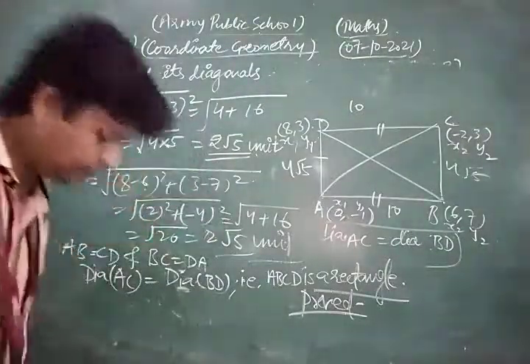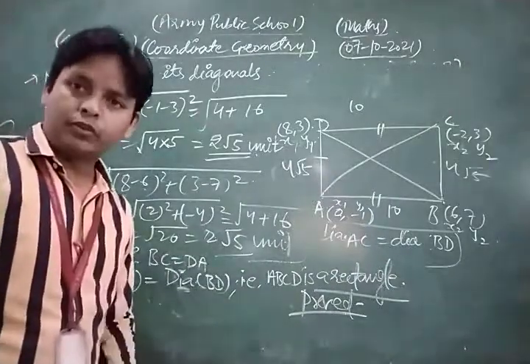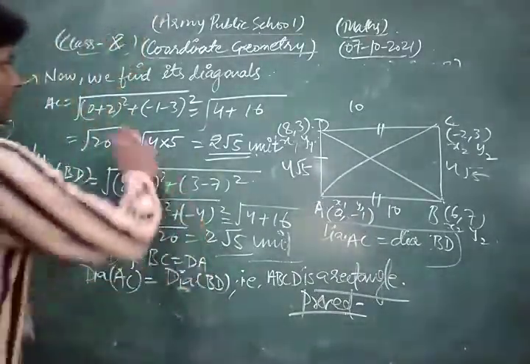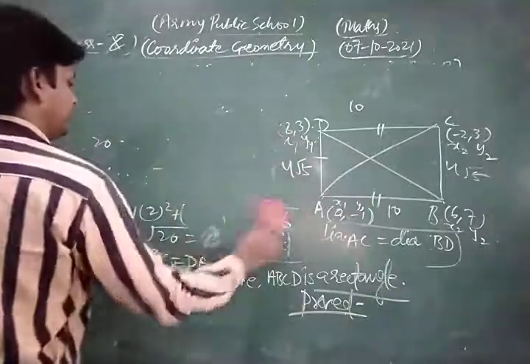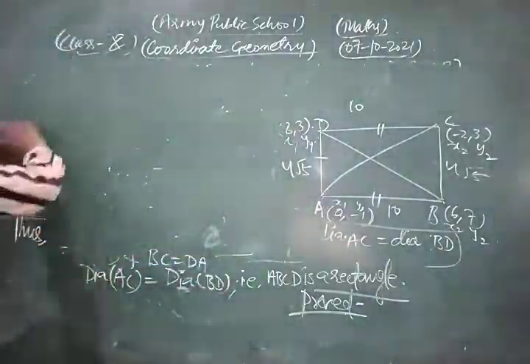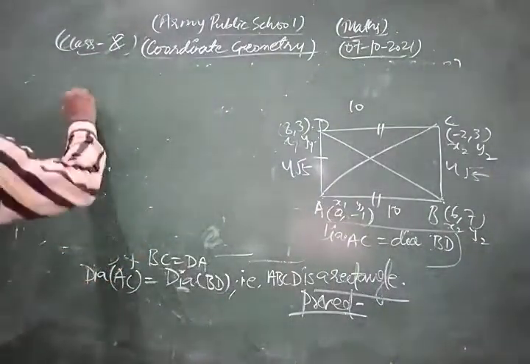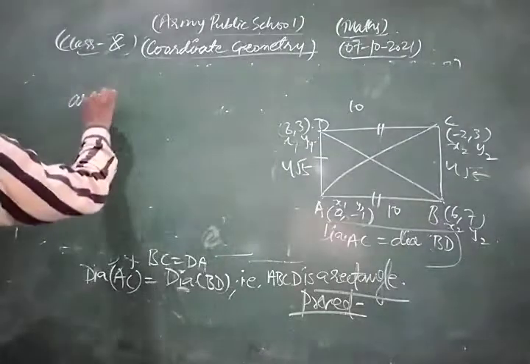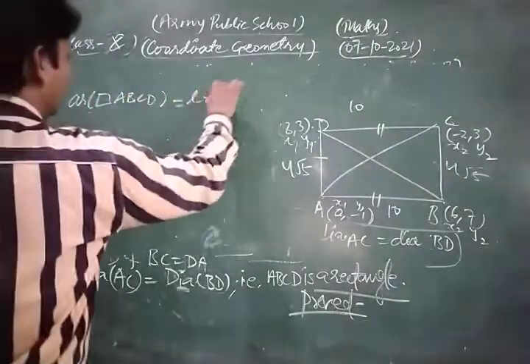Now we also find the area. So now finding its area, look. The area of rectangle ABCD is equal to length into breadth.